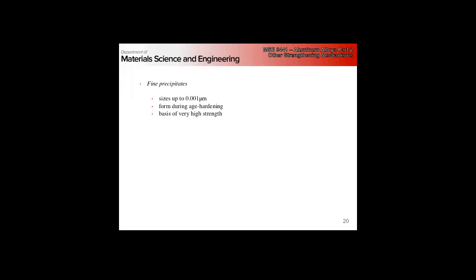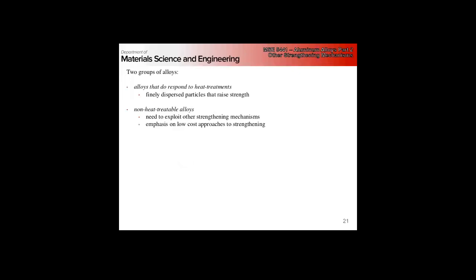The Hall-Petch slope is very low in aluminum, so if we want to take any advantage of grain size strengthening, we have to keep the grains very small, which means we need a dispersion of these submicron particles to keep those grain boundaries small. So that's the fine precipitates.